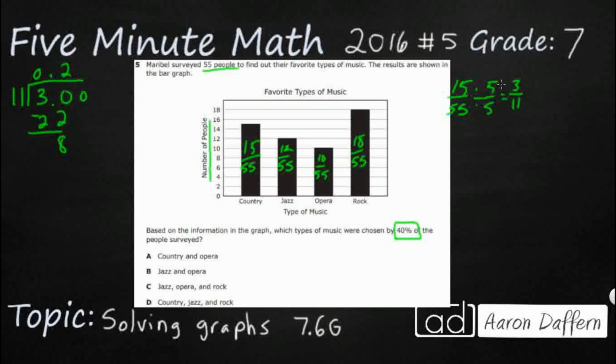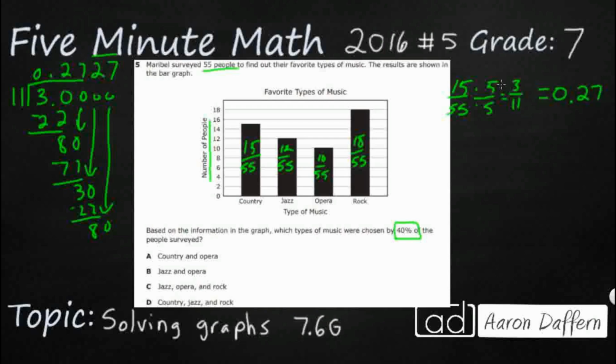There's 8. 11 goes into 88 7 times. So that's 77. But look, now we're doing a 3 again, and that's going to go in there 2 times, 22, and that's going to be 8. We've already done this. So this is actually 0.2727, or we can just call it 0.27 repeating. That's a very strange decimal. It's going to be hard for us to work with.